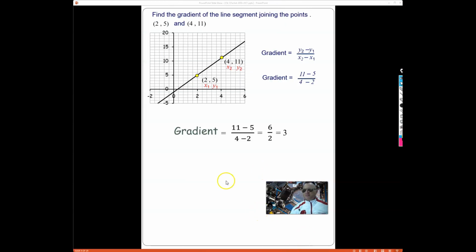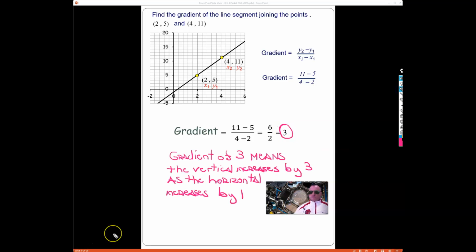Now, what's of particular interest isn't so much how to calculate it, because you've done that for years. That should be hopefully fairly straightforward. But what does this thing mean? Now, we don't have any units on this right now in terms of the x's and the y's.